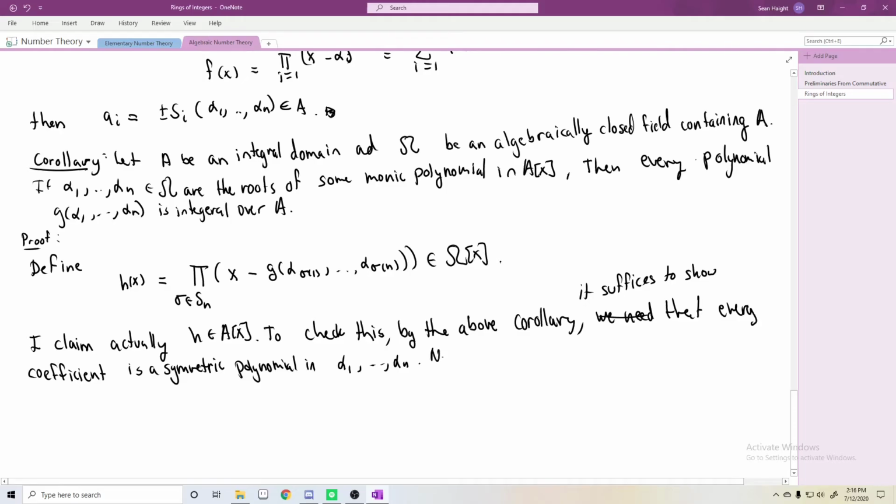Note that to check this, we're essentially going to check that h remains fixed by the action of the symmetric group on the coefficients.